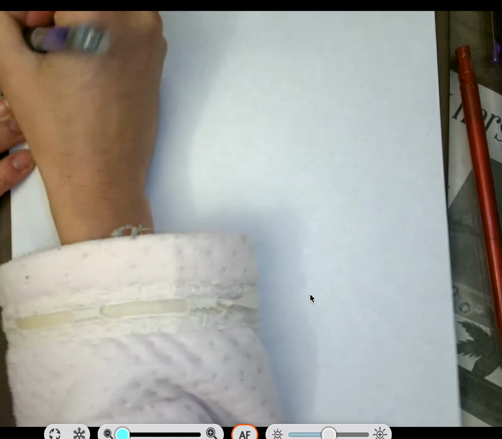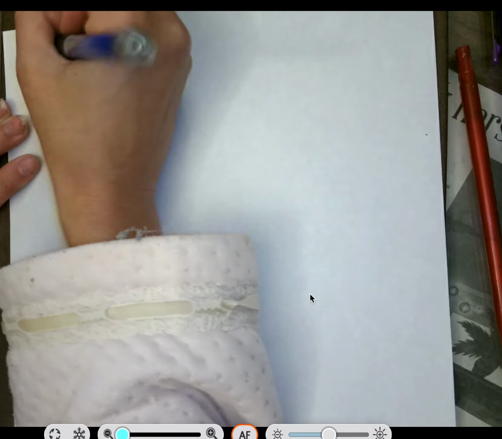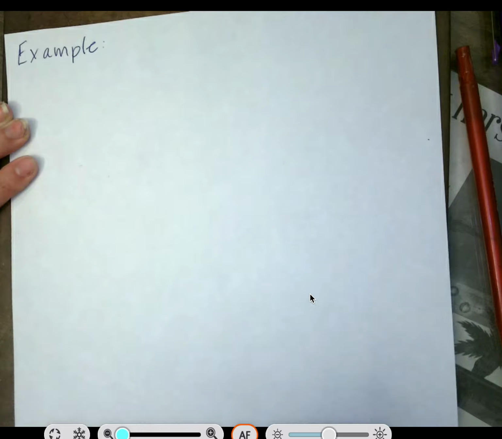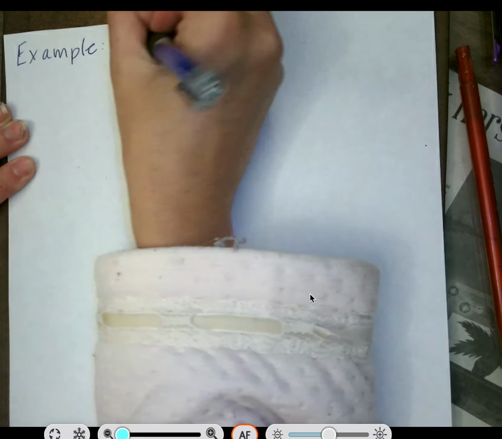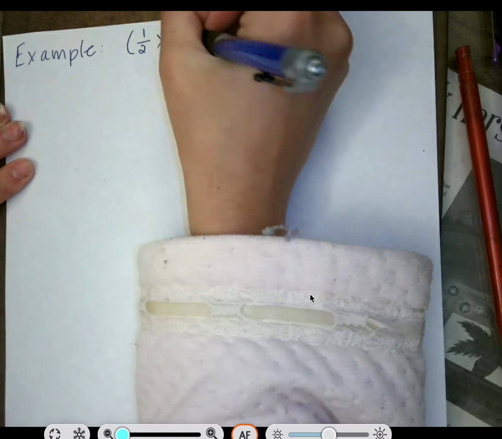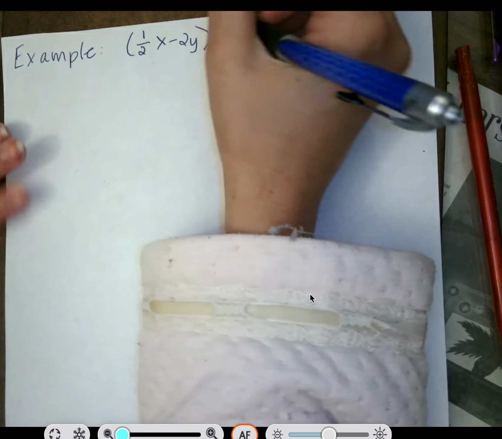So in this case, I want to expand one half x minus 2y to the 4th power.